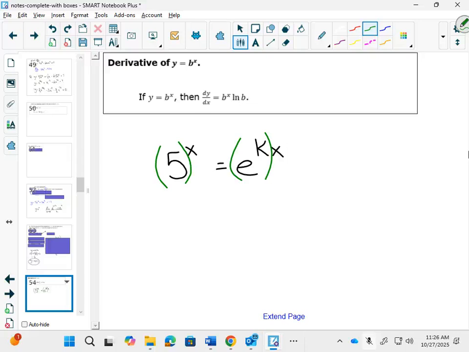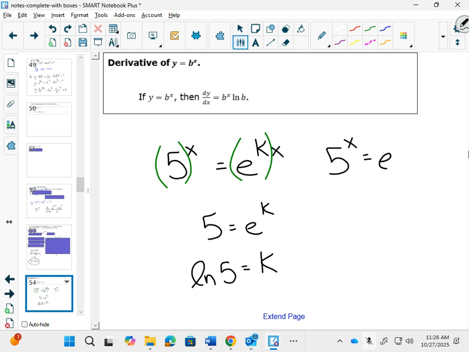Is there a way to do that? And the answer is yes. How would you solve this part of the equation? You'd use natural logs, right? So if I took the natural log of both sides, I would get that the natural log of 5 has to equal k. So that means that 5 to the x is equal to e to the natural log of 5, to the x.